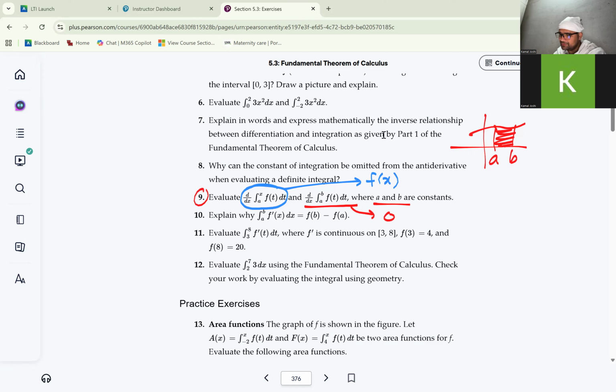Okay, that is the concept. Next, explain why the integral of the derivative is F(b) minus F(a). It is the original function, but the difference in the values of the original function, because we are evaluating a definite integral. I'm not sure why the question says explain why.